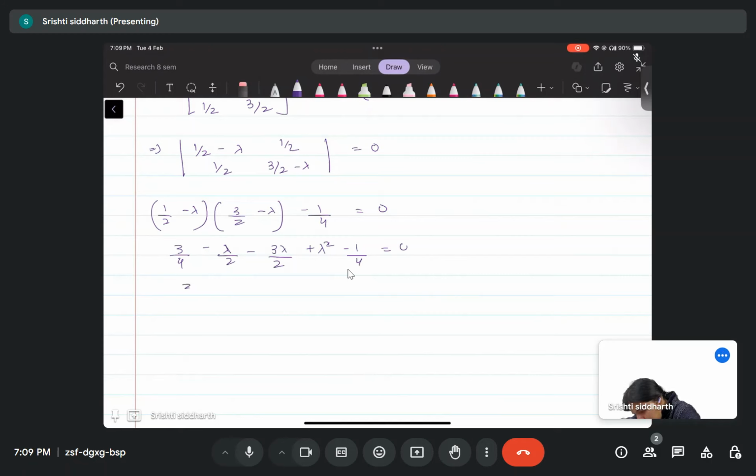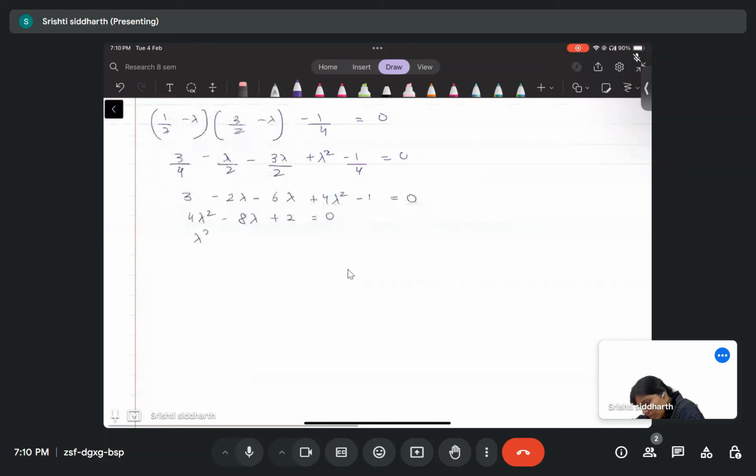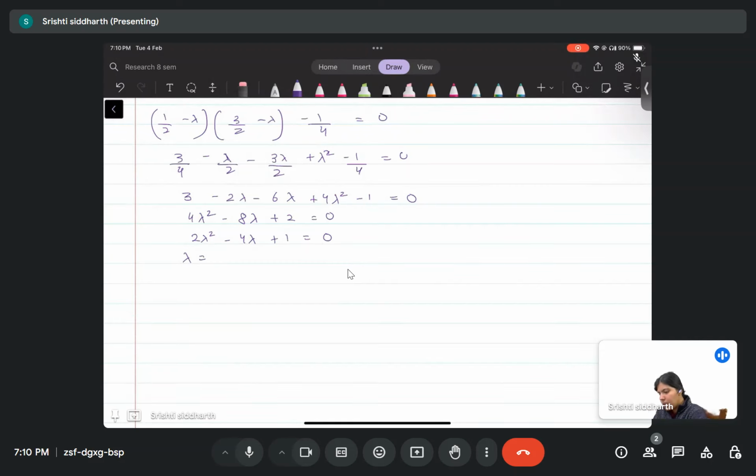So we have 3 minus 3 lambda plus lambda plus 4 lambda square minus 1 equals 0. Three lambda square minus 4 lambda plus 1 equals 0. So you can calculate the roots of this equation.